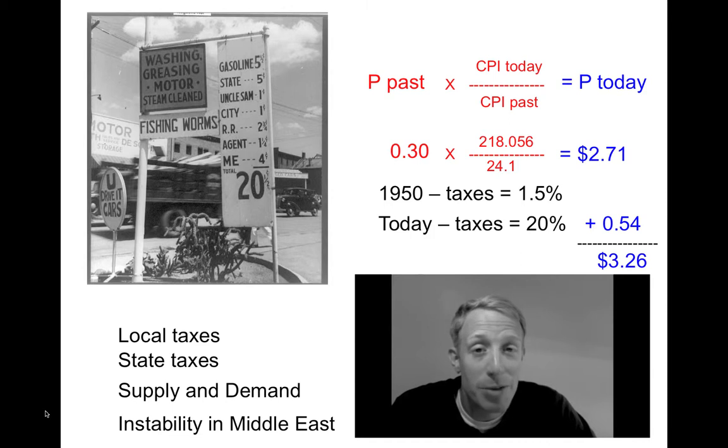But probably a bigger percentage of that simply has to do with the change in the value of your dollar, which we call inflation. When we incorporate inflation into the price of gasoline, the prices aren't really all that out of line. In fact, for a long time, we've probably been paying too little for gasoline if you incorporate inflation into the picture.